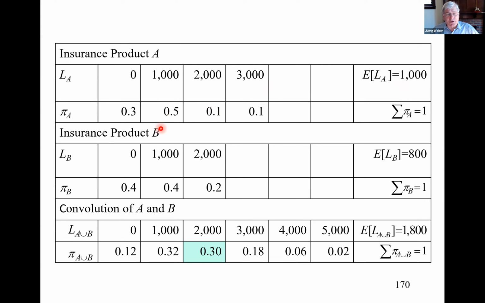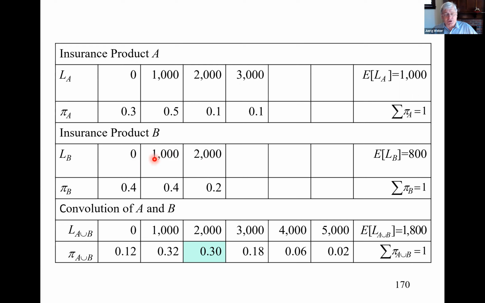Now, with insurance product B, the loss distribution is different. Maybe that's now travel insurance, and A is fire insurance. In B, the insurance company pays either nothing, $1,000, or $2,000. So insurance claims are either nothing, there are no claims, or a claim of $1,000 or a claim of $2,000.